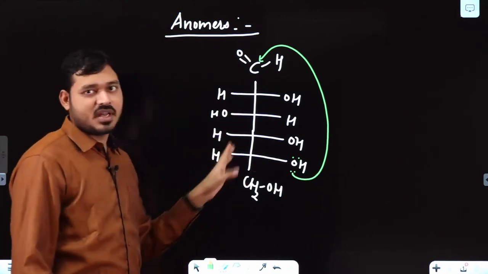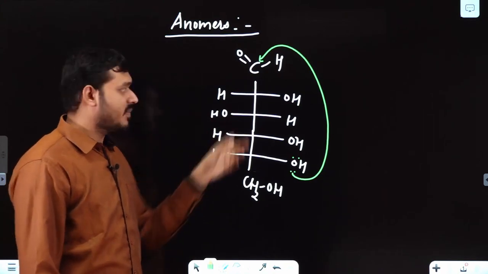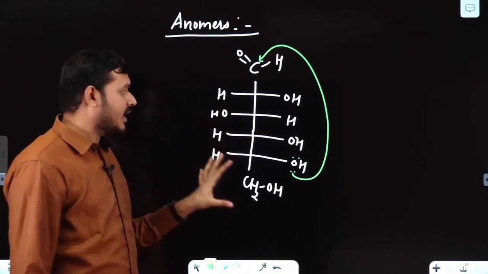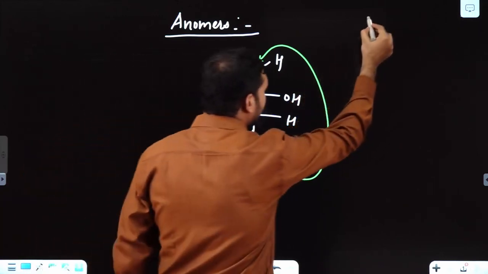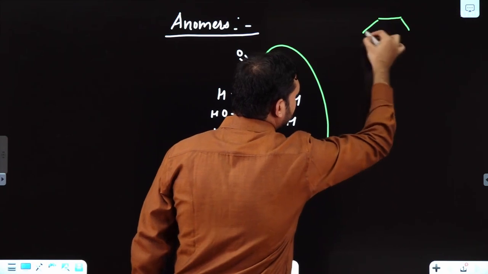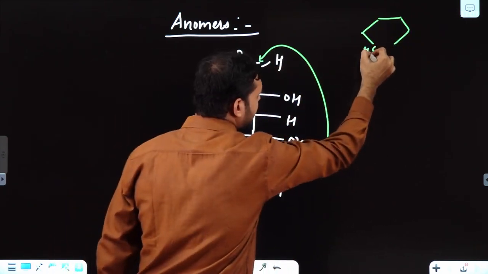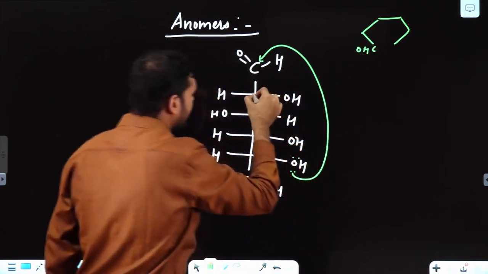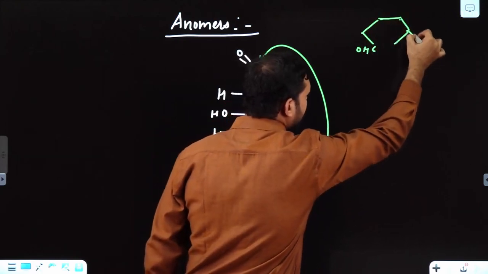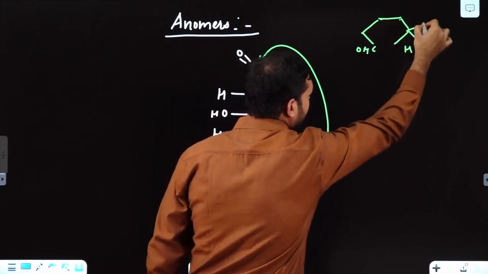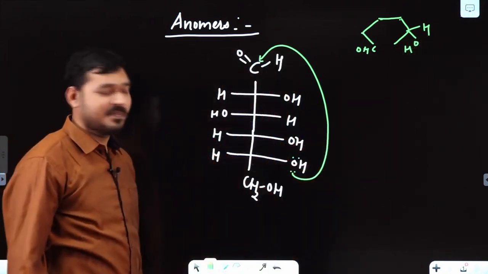When we use Fischer projection, it is actually 2D, whereas Haworth and Newman are 3D. But in reality it is in this style. See this one as the main functional group. Numbering 1, 2, 3, 4, 5. Now this distance is not too far.